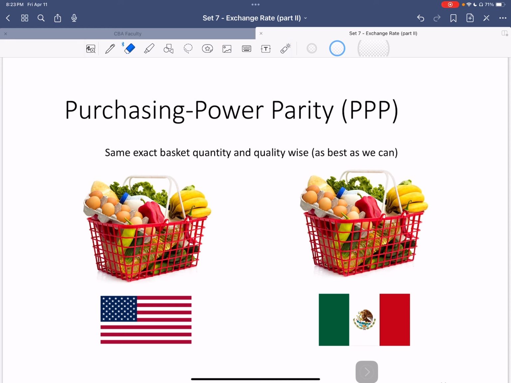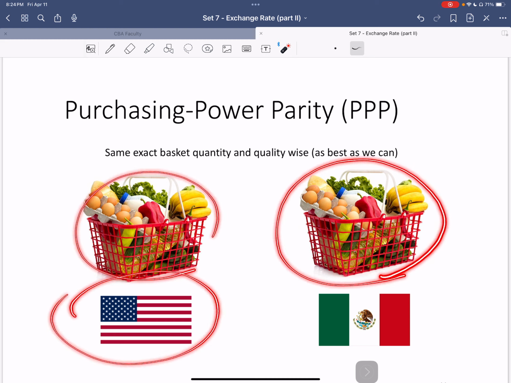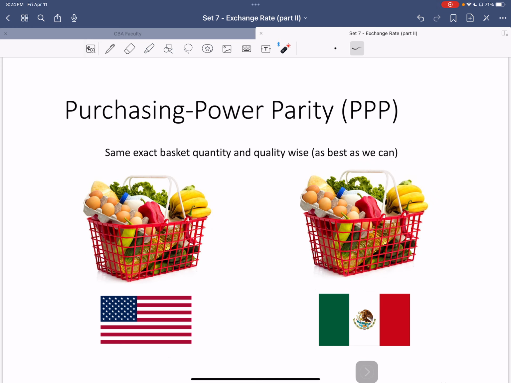Okay, it means that having the same exact basket, quantity and quality wise as best as we can. Okay, we buy the same basket in the US and in Mexico. If we just buy this basket in Mexico, let's say for 2,000 pesos, okay, let's say, give me a second.